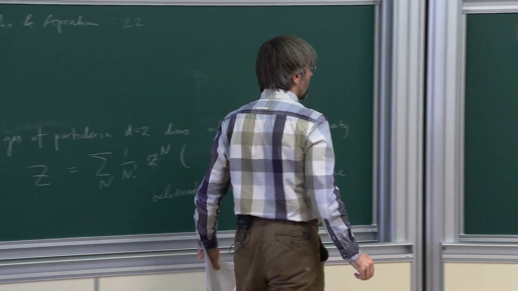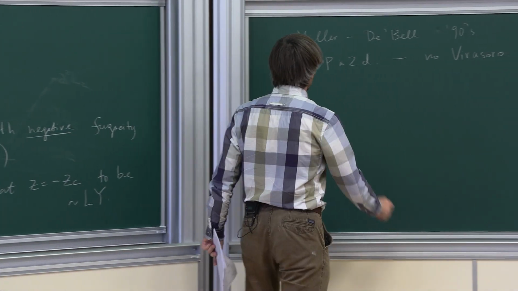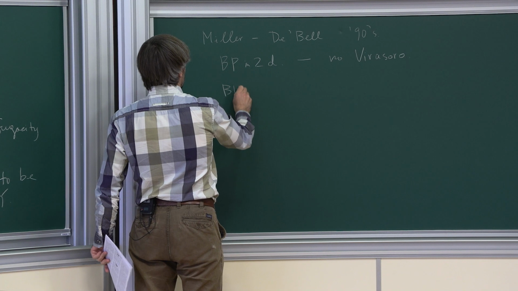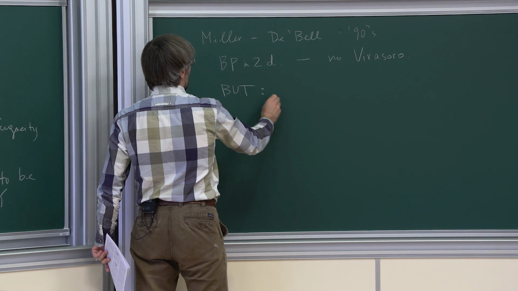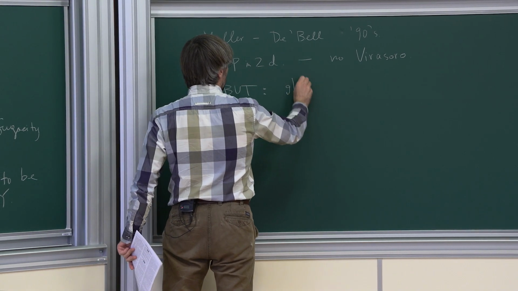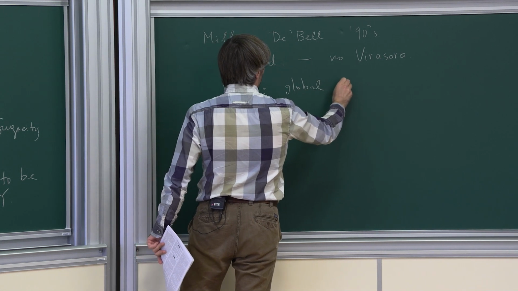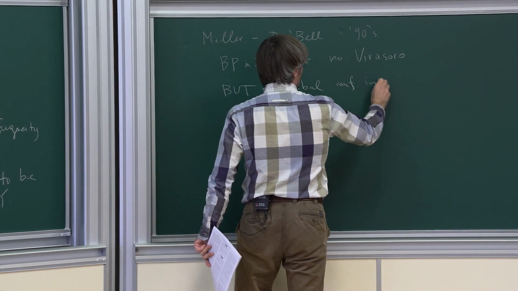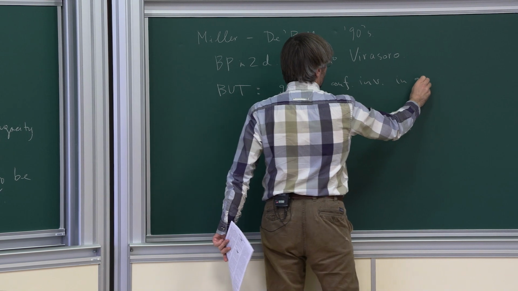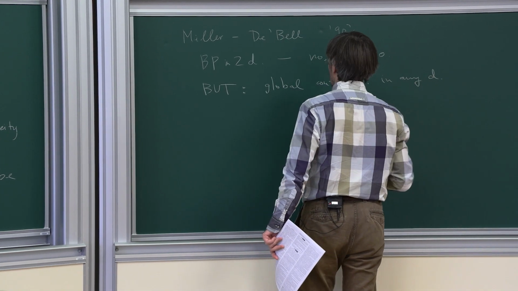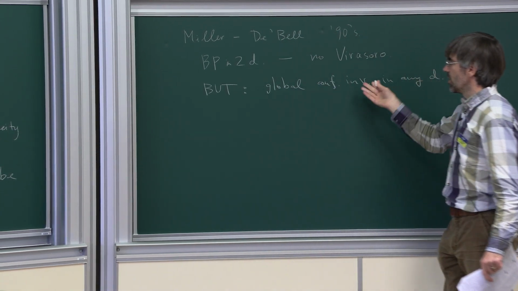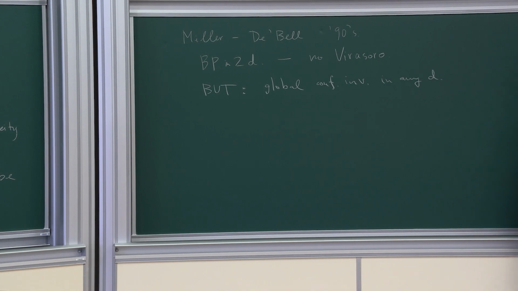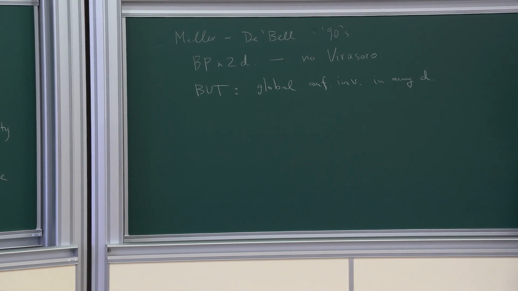And somehow they made a big deal out of it. But I just wanted to point out that even though there is no Virasoro, there is still a global conformal invariance in any D, as far as I know. So, for example, in D equal 2, there's still going to be invariance under Möbius transformations.